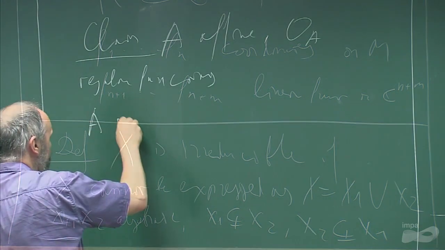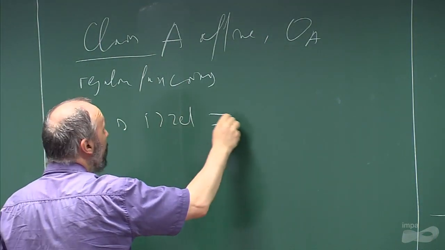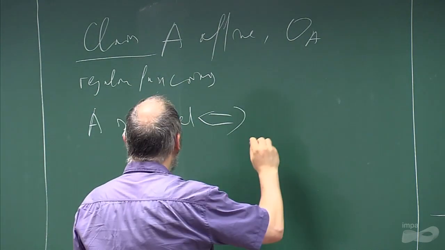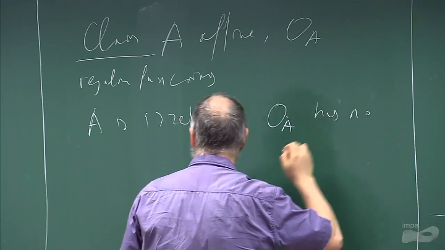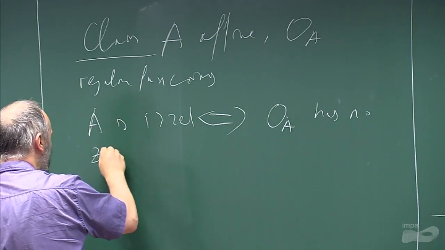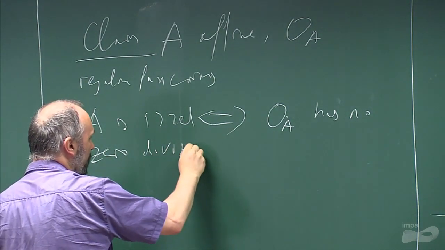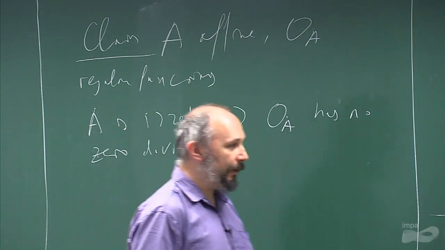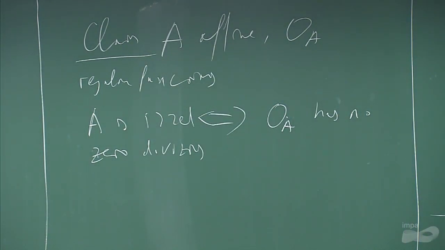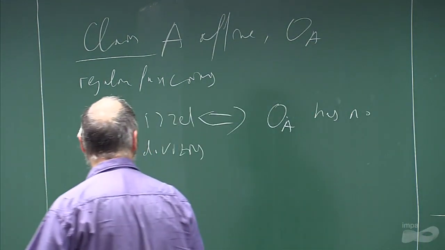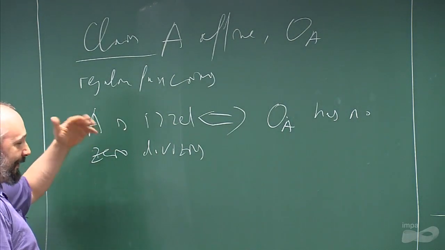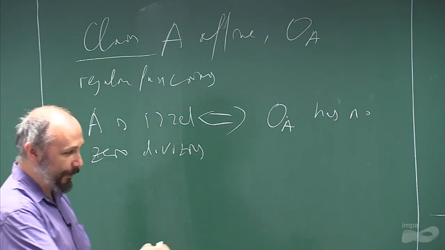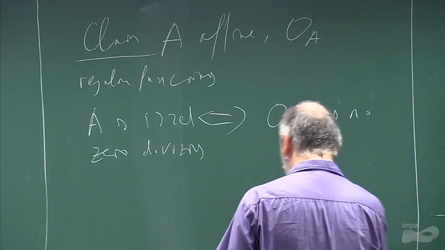Then A is irreducible if and only if O_A has no zero divisors. This is a nice example where you can characterize a geometric property algebraically, and this is equally important because sometimes you have to consider rings without zero divisors. In other cases, you have to consider irreducible varieties, and you can go from one to another.